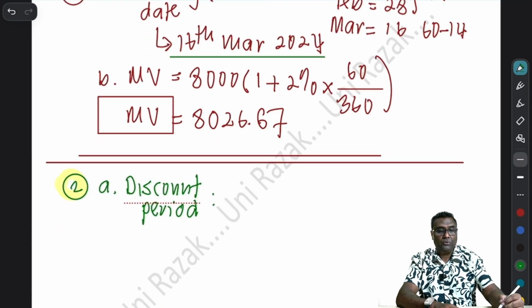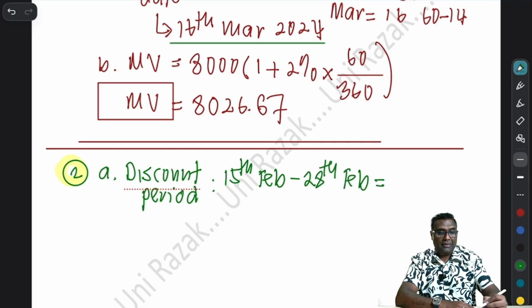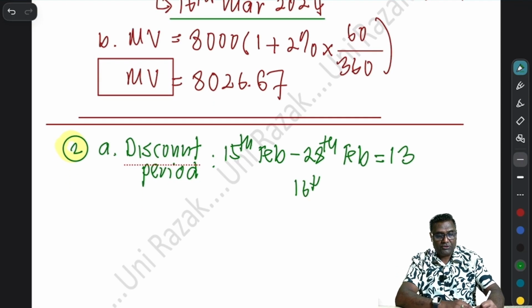So I'm going to calculate 15th February to 28th February. You can take your calculator if you want. This is going to be 13. Then the next is 16 March, which is 16 days. When you total this up, you get 29 days.